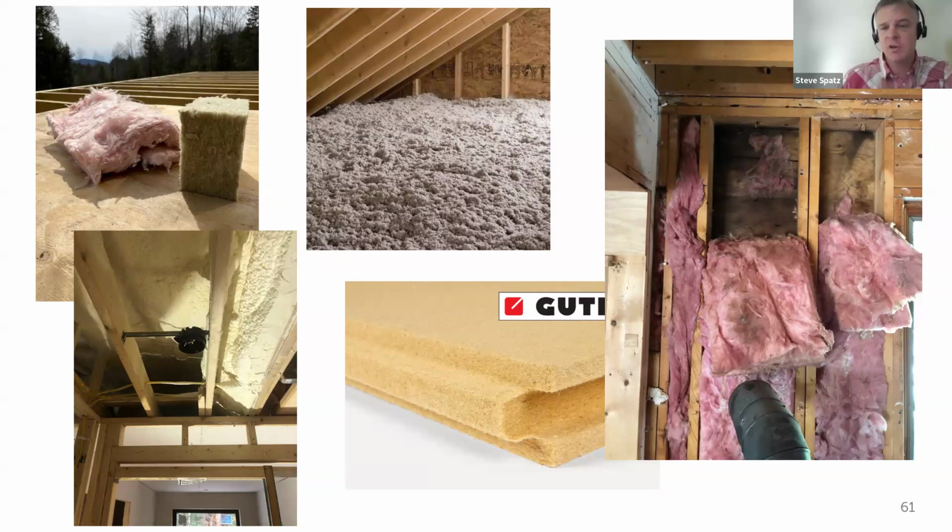So there's not one that's worse or better than the other, but compatibility and understanding how the different layers affect the durability of the assembly is what counts here. Because what you don't want to see is insulation in the wall and then mold and mildew from condensation occurring behind it.